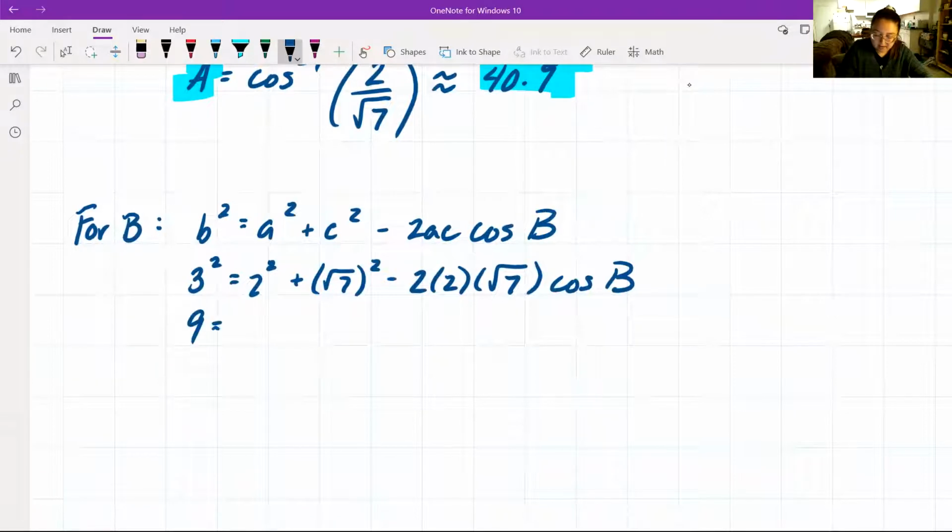So 3 squared is 9, 2 squared is 4, square root of 7 squared is going to be 7, minus 2 times 2, which is 4, times the square root of 7 times cosine of B.